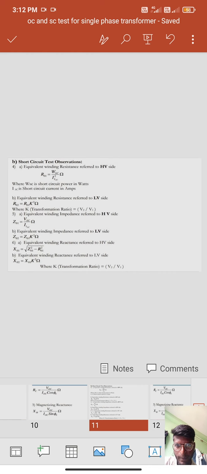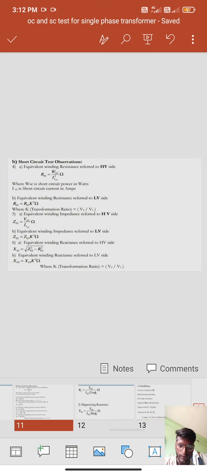Equivalent winding impedance referred to the HV side Z equals Vs by Is. Equivalent winding impedance referred to the LV side Z0 equals Z K square. Equivalent winding reactance X equals square root of Z square minus R square. Equivalent winding reactance referred to the LV side X0 equals X into K square, where K is the transformer ratio V2 by V1.